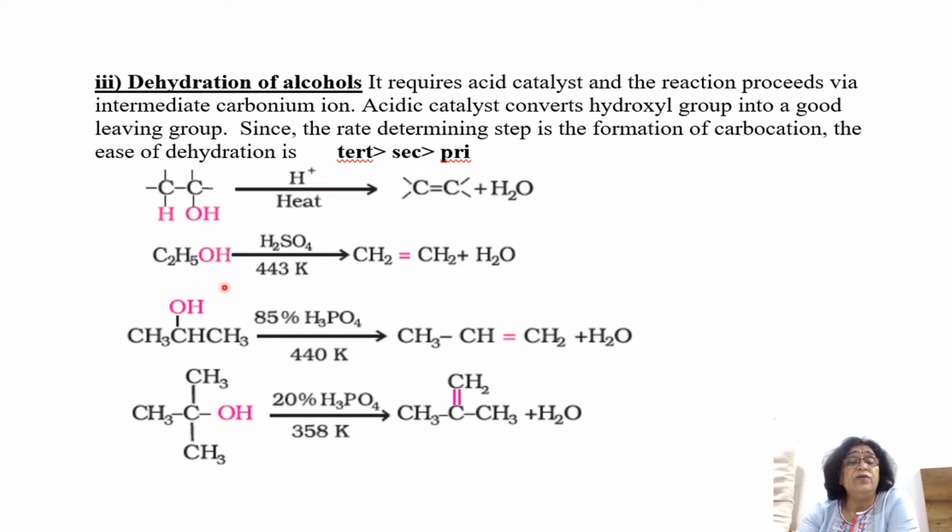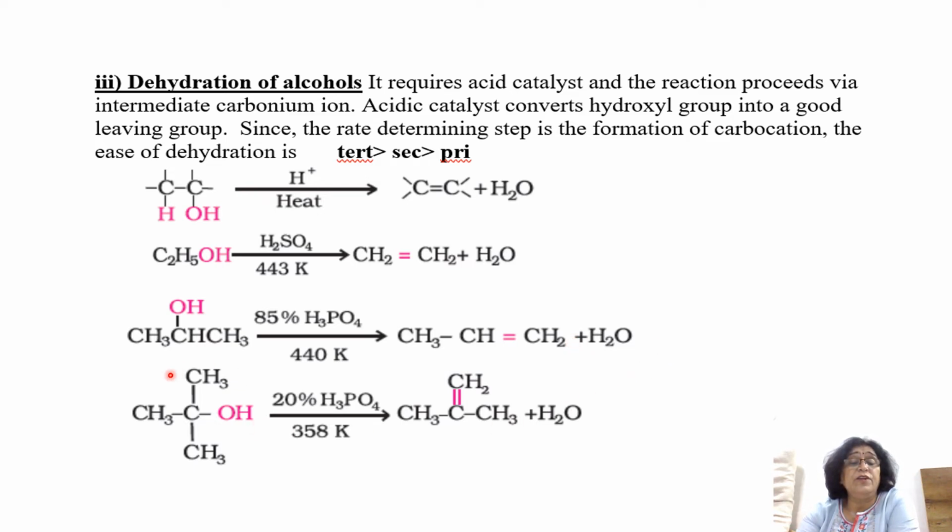Clear? So when you take the alcohol C2H5OH reacted with concentrated sulfuric acid at a high temperature of 443 Kelvin, you get ethene plus water. Clear? Now if you take isopropyl alcohol, the secondary alcohol, then the reaction happens at 440 Kelvin and 85% phosphoric acid is required for that, and the respective alkene, that is propene, is formed plus water.